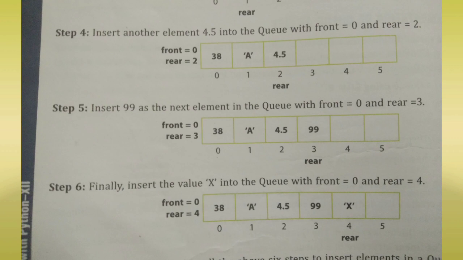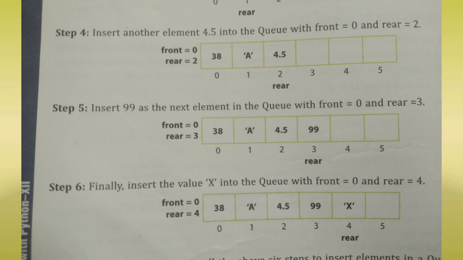Front remains 0 and rear is 4. So 38 is at the 0th position, A at the first, 4.5 at the second, 99 at the third, and X at the fourth position.